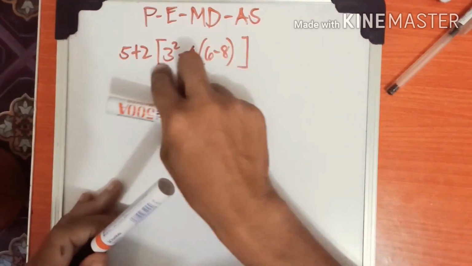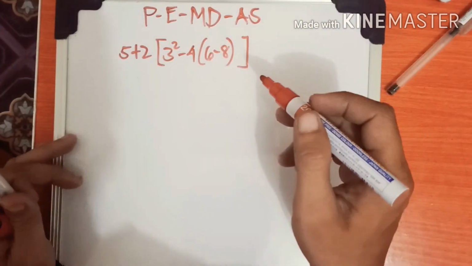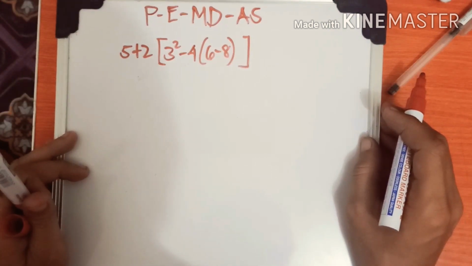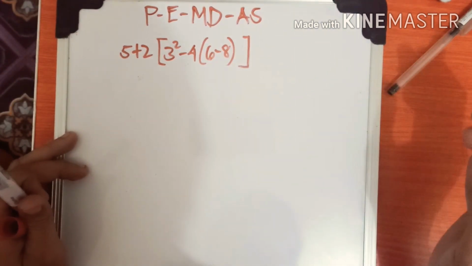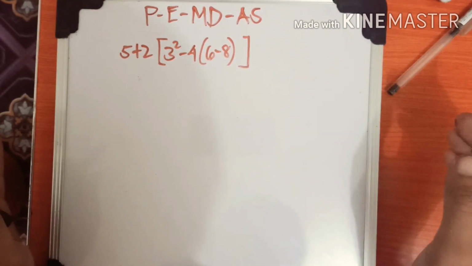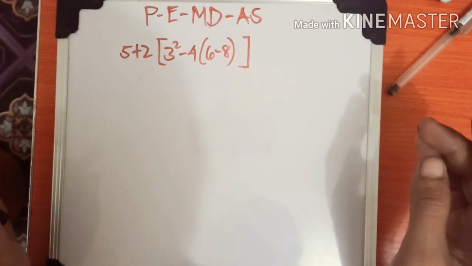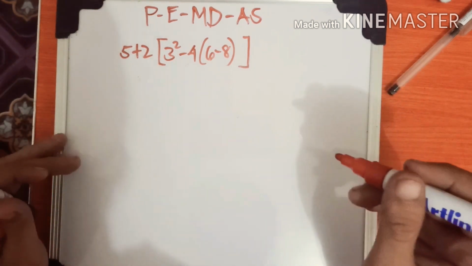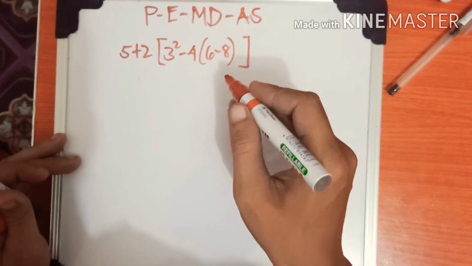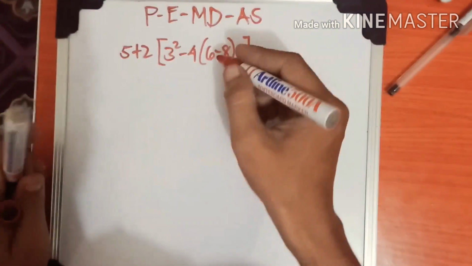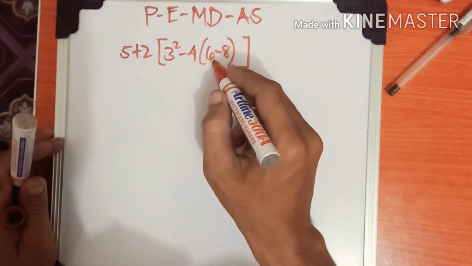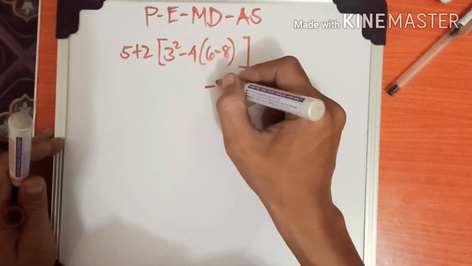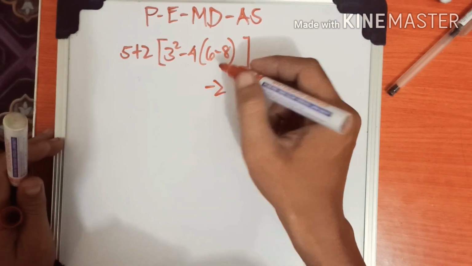Okay. So now the parentheses rule says that with multiple grouping symbols, evaluate the innermost grouping symbol first. So the innermost grouping symbol is the parentheses. So we have to solve the parentheses, which has 6 minus 8, so that is negative 2.